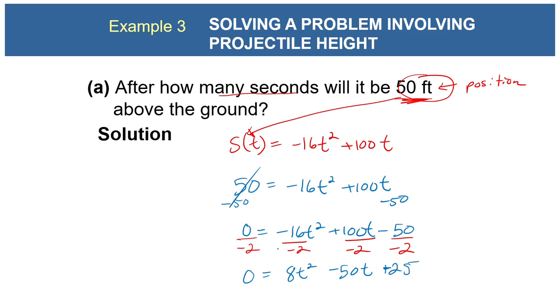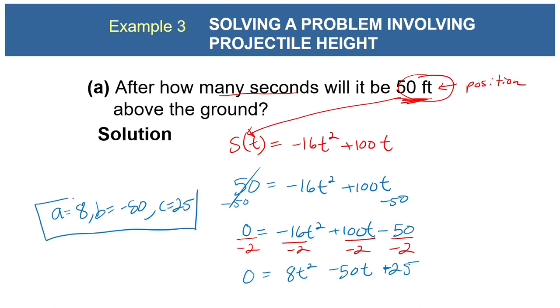Again, we use negative 2 to divide everything because I like that leading coefficient to be positive. So we have 8t squared minus 50t plus 25 equals 0. Now, if you try to factor this equation, you'll realize it's not possible, but I can use the quadratic formula. A equals 8, B equals negative 50, and C equals 25.